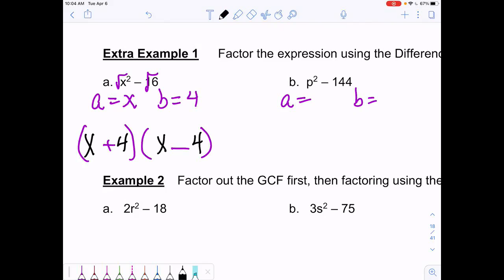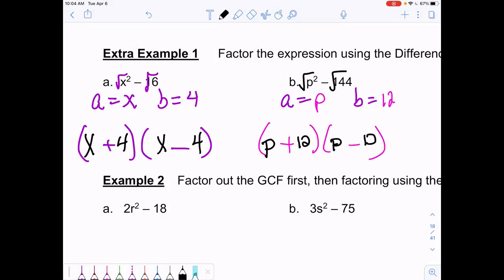Anya, do you think you could try letter B? The square root of p squared. So what times what? Yep. And then what times what makes 144? 12. Good. All right, what does it look like in our pattern? Something plus, something minus. So P plus and P minus. P plus 12, P minus 12.